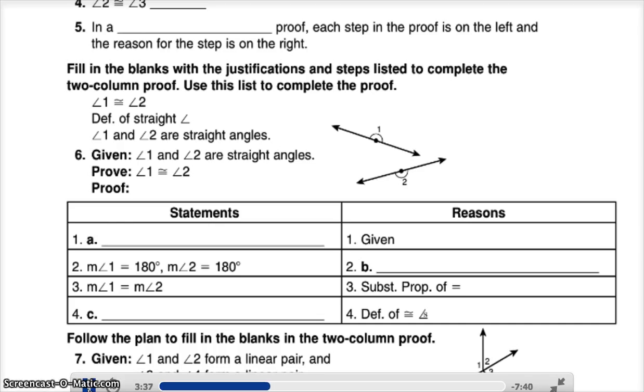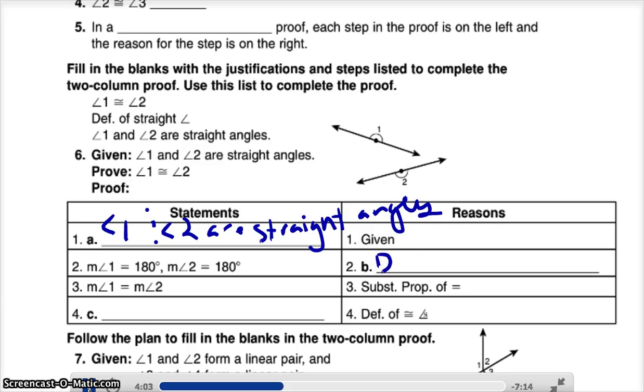I always think of what was given to you. So angle 1 and angle 2 are straight angles, and that was given. So the measure of angle 1 equals 180, and the measure of angle 2 equals 180. The reason you know they equal 180 is because they told you they were straight angles.